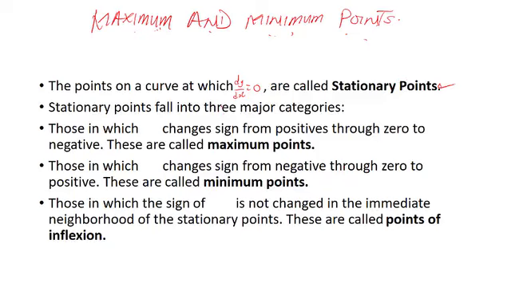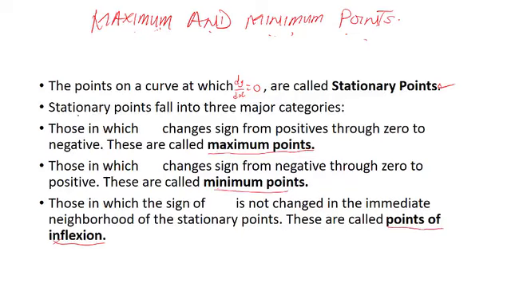Now, stationary points fall into three different categories. So we have the maximum points, we have the minimum point, and we also have the point of inflection. This is the maximum point, this is the minimum point, and this is the point of inflection.